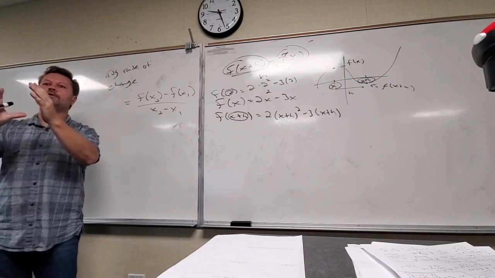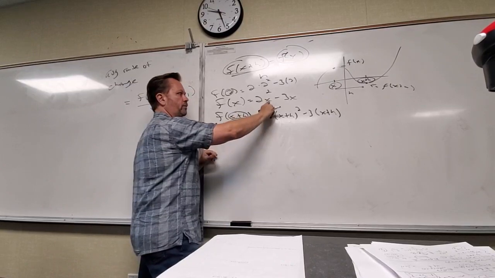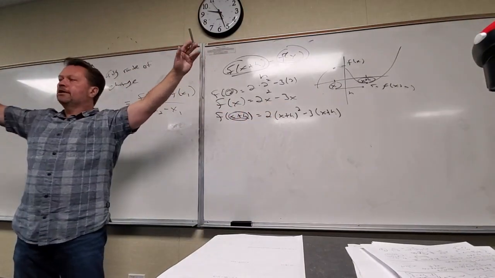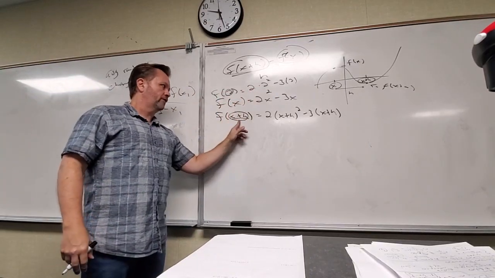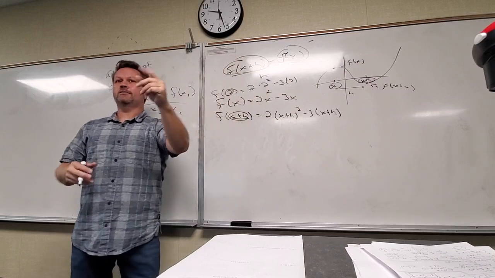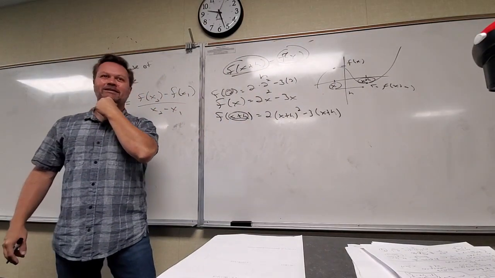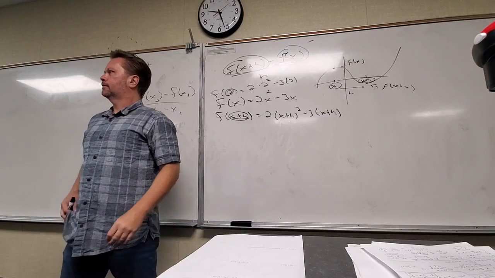A function is so single-minded. It just says, whatever you put here, I'm going to replace x with it. That's what a function always does. If you're cool with f of 2 being this, you are totally cool with f of x plus h being this. It's the same thing, yes? Some of you are still looking at me like, you have not made sense yet this morning. Okay.